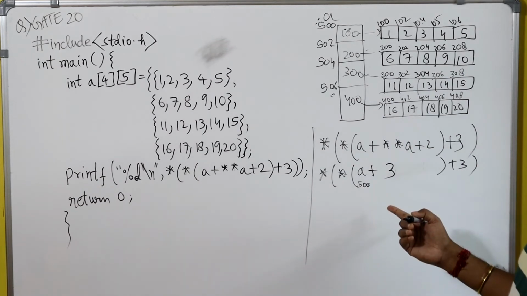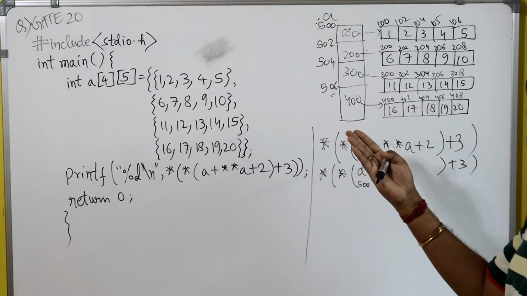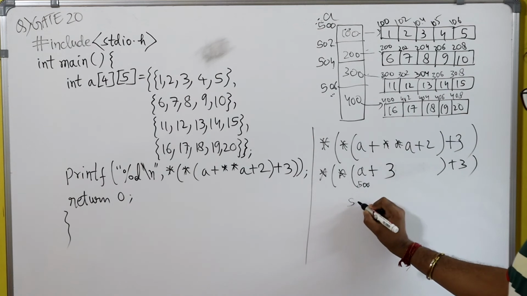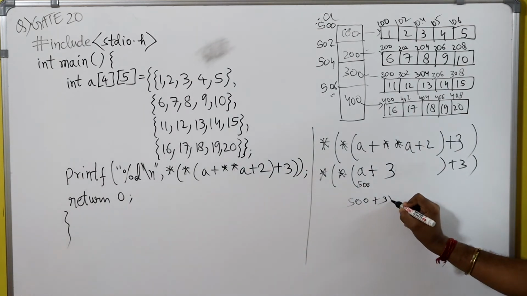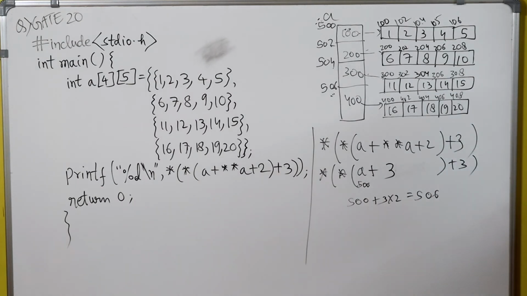So 500 plus 3. Since we have considered integer as 2 bytes, A plus 3 is not just 500 plus 3. It will be 500 plus 3 into 2, that is 506. I think it is visible.